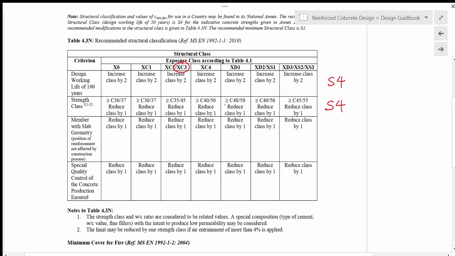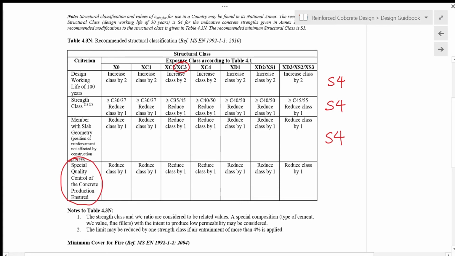And then for member with slab geometry, we are designing a beam, so it's not a slab. So there is no reduction in the structural class. So the structural class remain as S4. The fourth consideration is on the special quality control of the concrete production ensured.